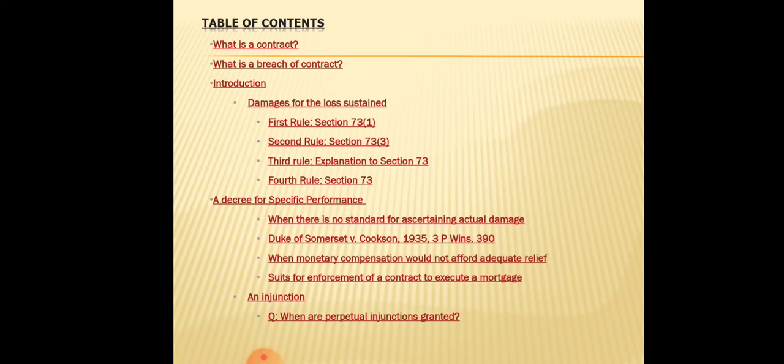When there is no standard for ascertaining actual damages, then specific performance may be granted. There is a very important case, that is Duke of Somerset versus Cookson. Then an injunction, and then when is a perpetual injunction granted. So all these points we will be covering in the present lecture.